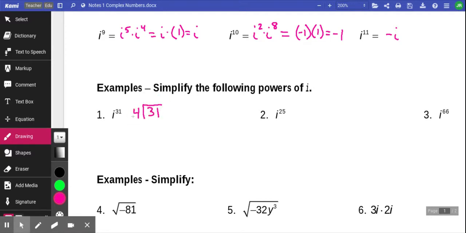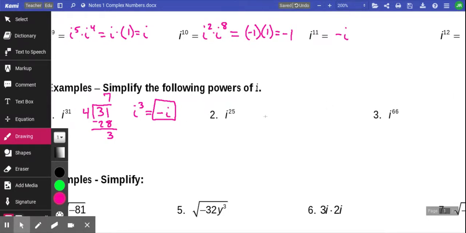So we're going to take 31 and divide it by 4. 4 goes into 31 7 times without going over, and that's going to give us 28. And that means that we are 3 away from reaching the 31. So what this remainder tells us is that we have i to the 3rd power, which reduces to negative i. So there would be our final answer.